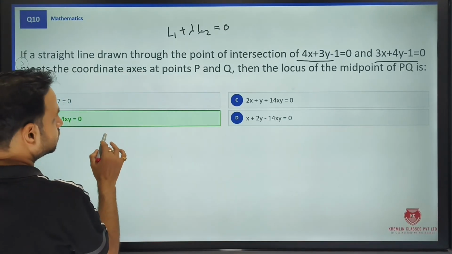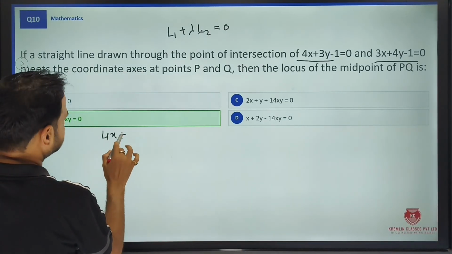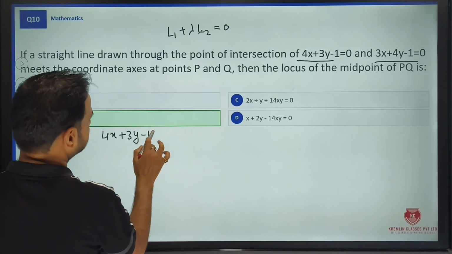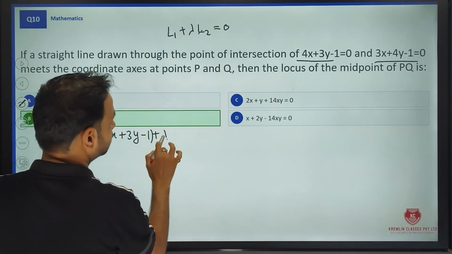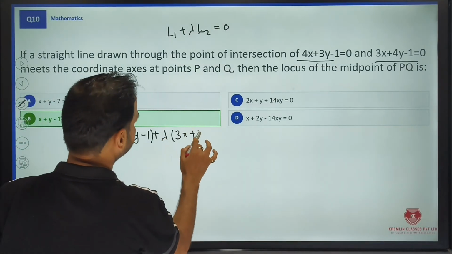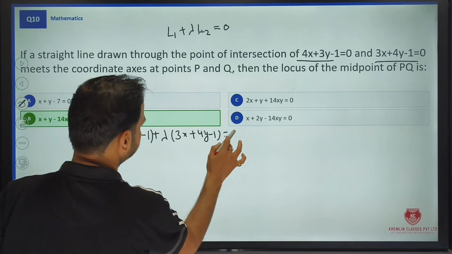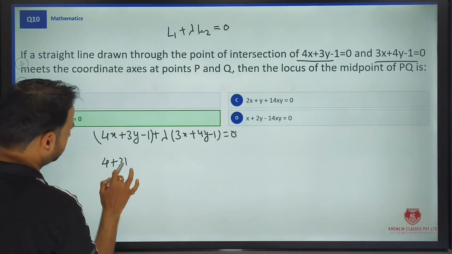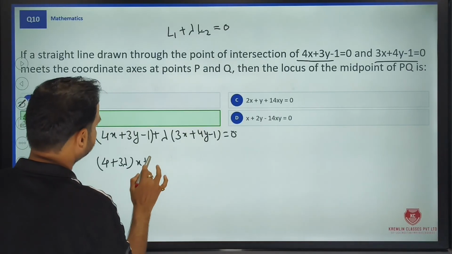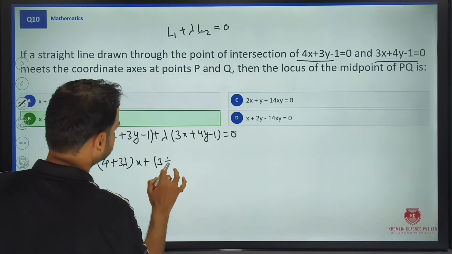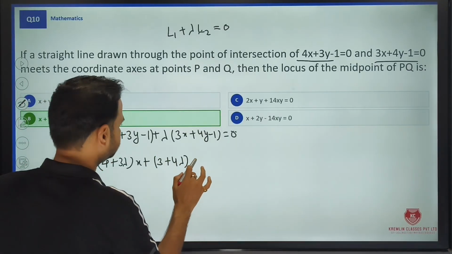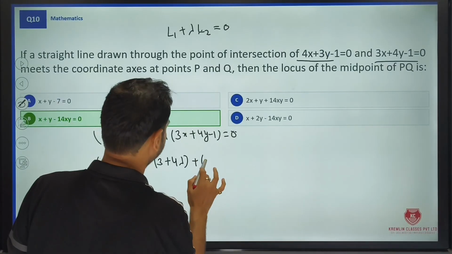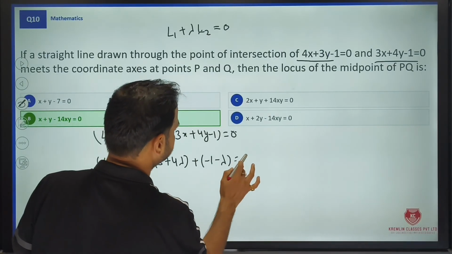So let us see, the line will be 4x plus 3y minus 1 plus lambda times (3x plus 4y minus 1) equals 0. So (4 plus 3 lambda)x plus (3 plus 4 lambda)y minus 1 minus lambda equals 0.